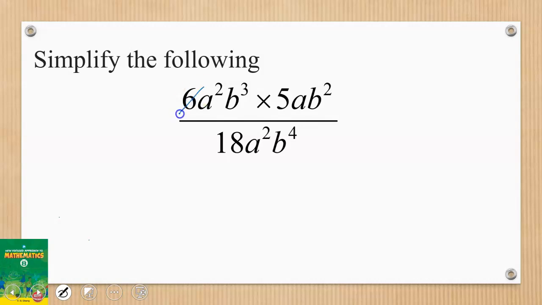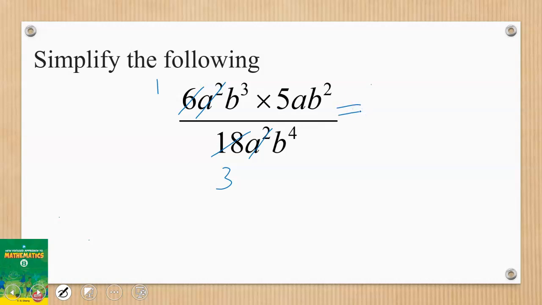Now I can see that 6 here can divide itself as 1, and 6 can divide 18 as 3. That is the first thing I can do. Then the a part, the whole of these two here can divide these two here, so that also is gone. Now let me write the remaining values.